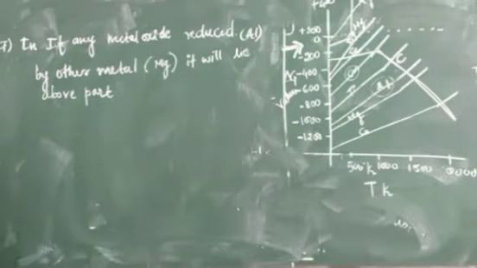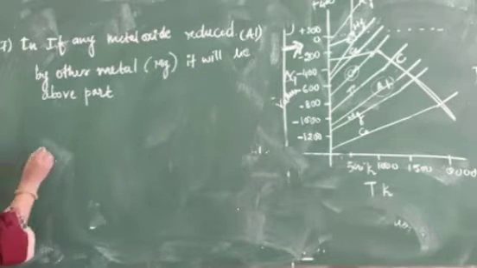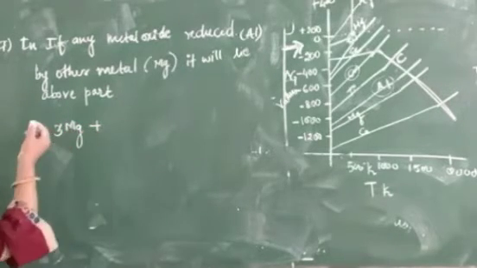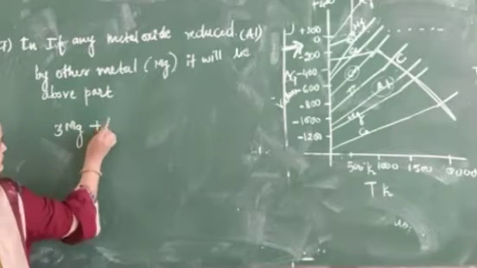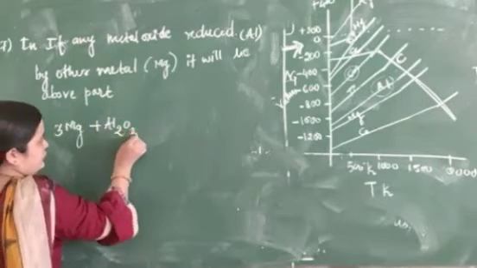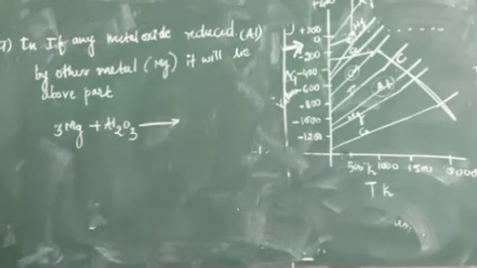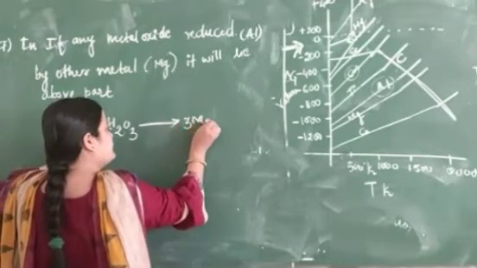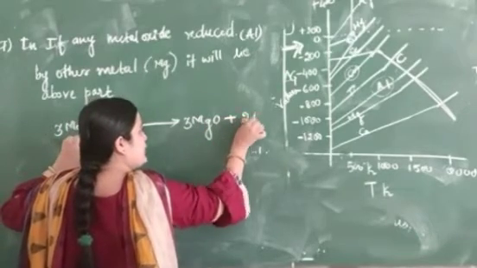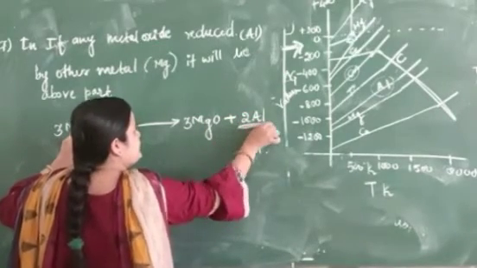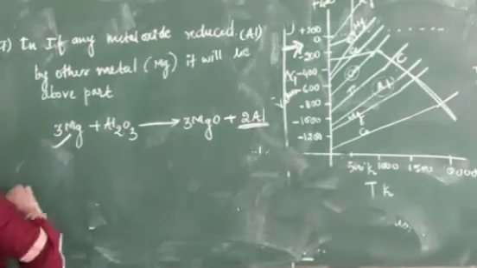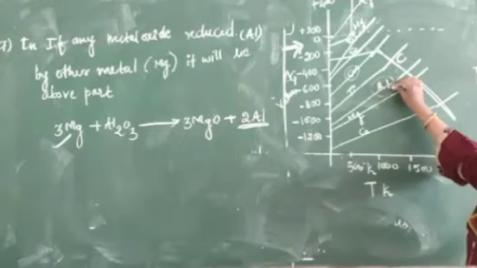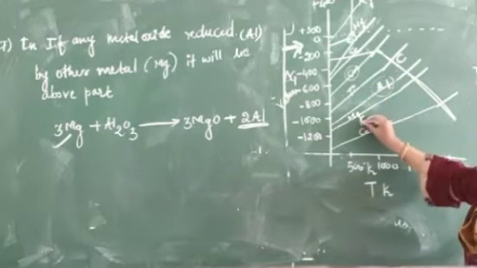Okay, just see here the reduction reaction: aluminium oxide plus Mg. What is going to form here? MgO plus 2Al. So this particular metal oxide can be reduced by this Mg. You can see here the metal which will be reduced by the other lies above that particular metal.